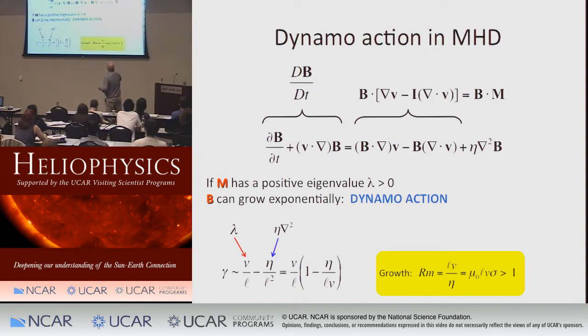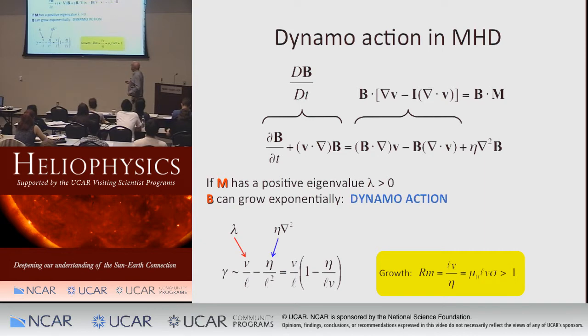Now, this is gamma. I've worked out, this term here, which is all gradients of v, is basically v over whatever the scale L of this thing is. And then I have this, which is the dissipation term. It's eta times del squared B, which means eta over L squared. And of course, del squared is always negative. It always leads to diffusion.